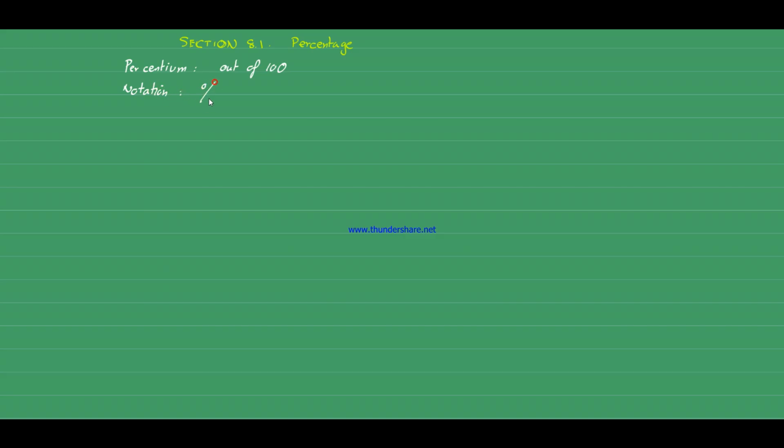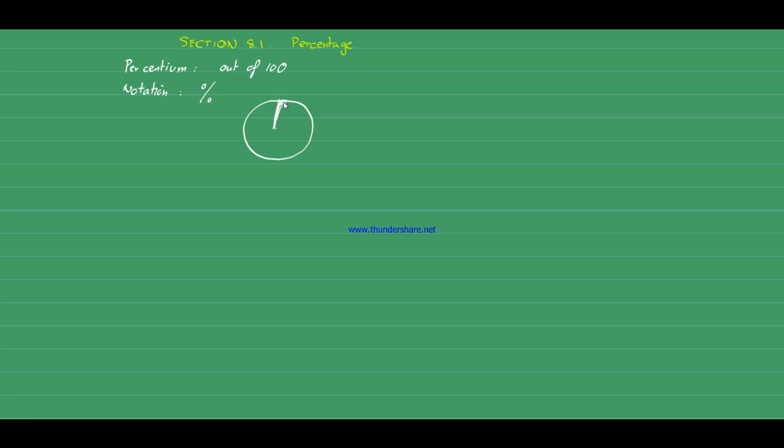You've seen this symbol many times already. It's like you have a whole circle, and you divide this circle into 100 equal wedges, and you take one piece out of 100 pieces. Let's say you take this piece right over here.